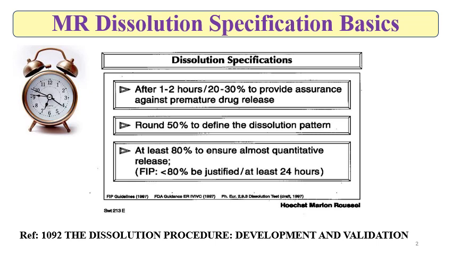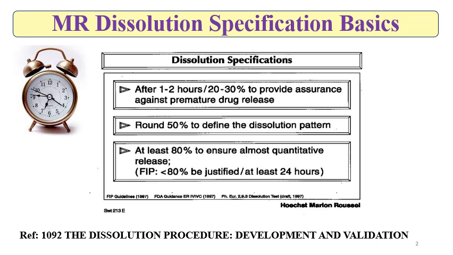Then the second point should be such that it will give 50% of the drug release. It is required to define the dissolution pattern, meaning the ER profile is maintained.